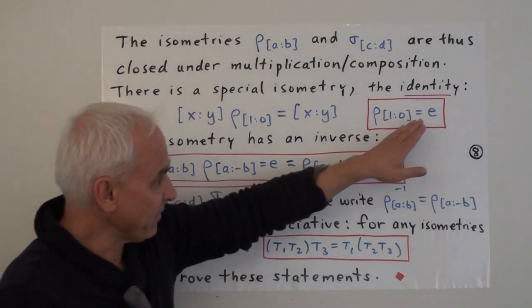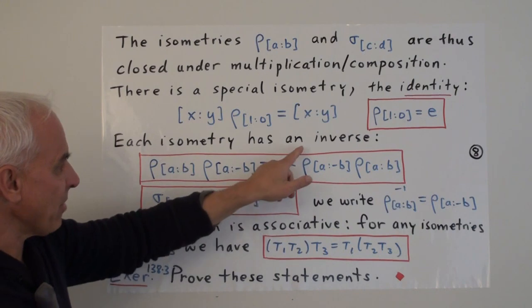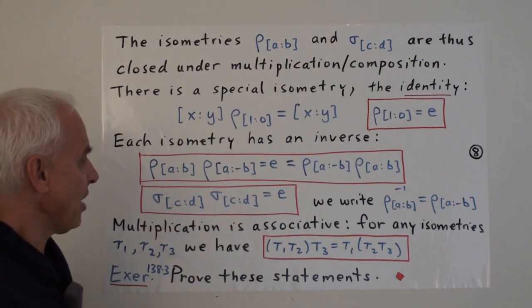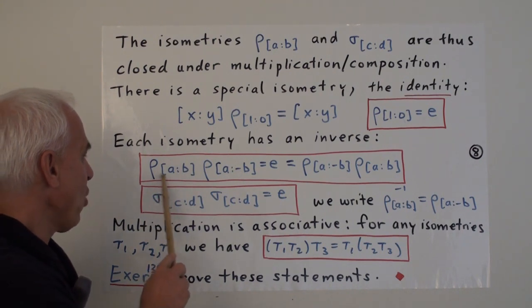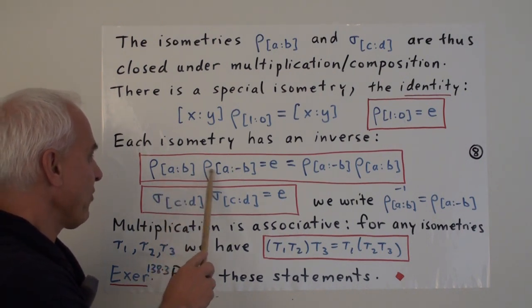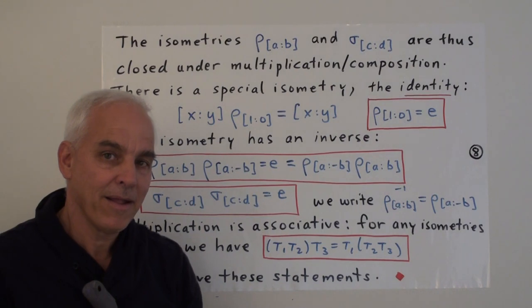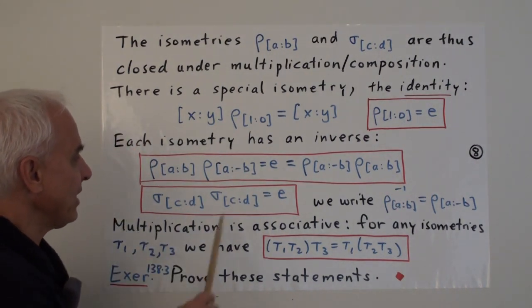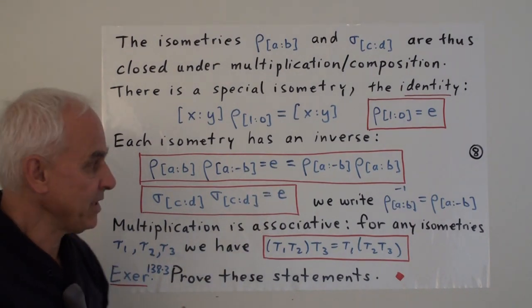Once we have this idea of an identity, we can also talk about the inverse of any of these isometries. So if we take rho a to b and we multiply by rho a to minus b, then you can check that what you get is e. Please do that.